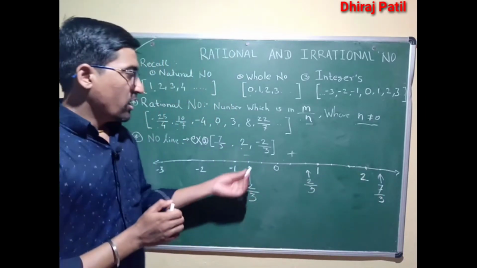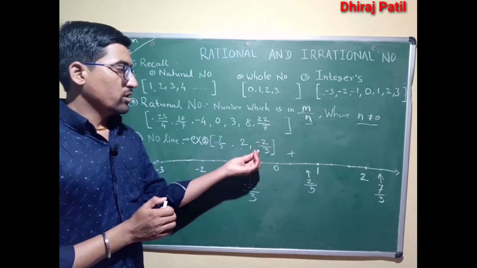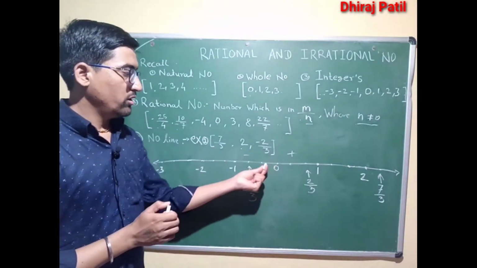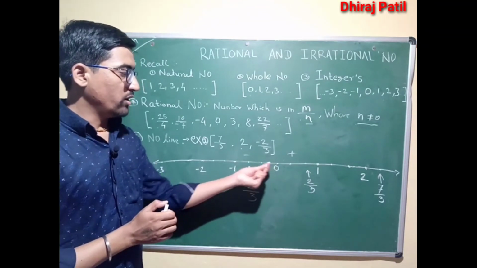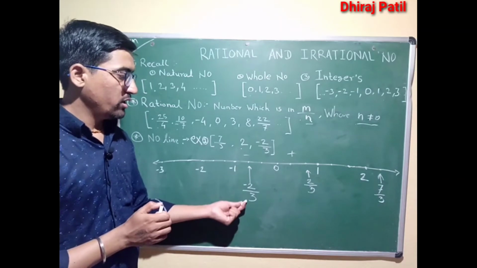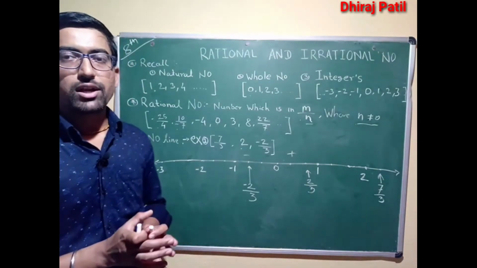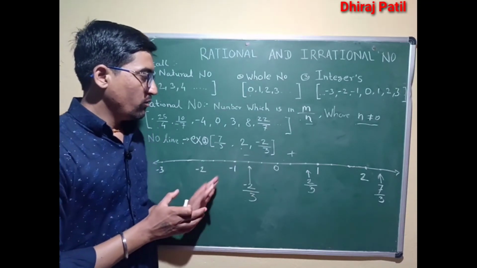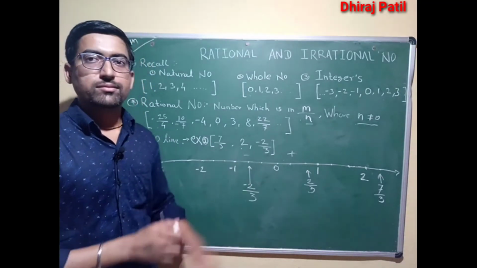Similarly, I show -2 by 3 from the left side, which is the minus side. This is segment 1, this is segment 2: -1, -2. So I write down -2 by 3. This is how we show the positions of rational numbers on the number line.